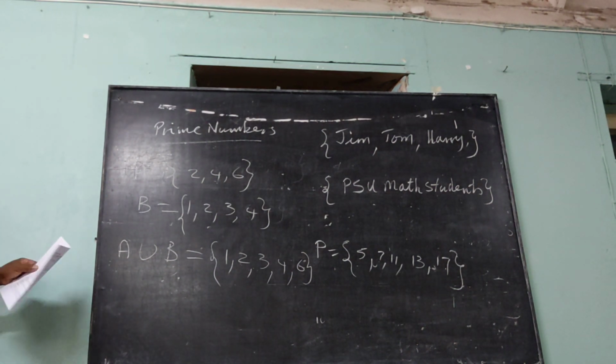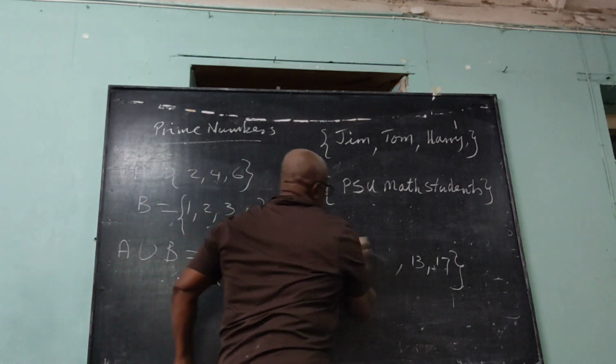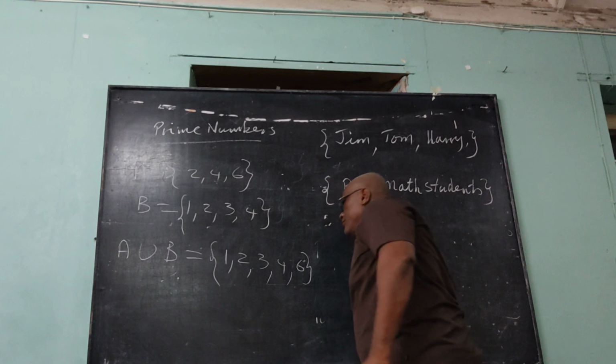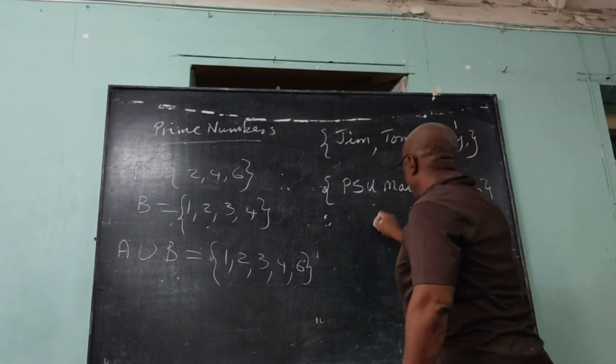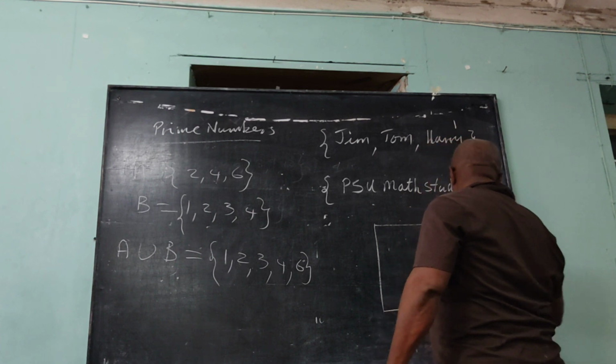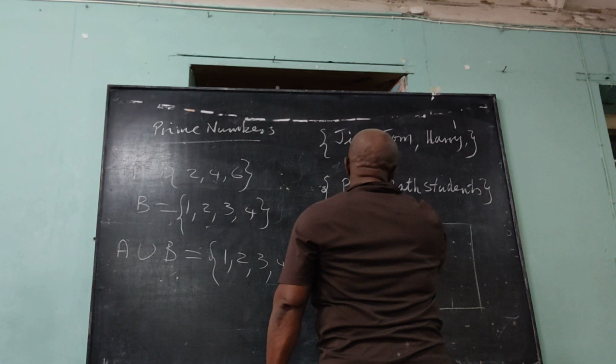Now it says to show this on a Venn diagram. Okay. Now when you draw a Venn diagram, we normally draw a rectangle, a box, to represent the universal set. The universal set.